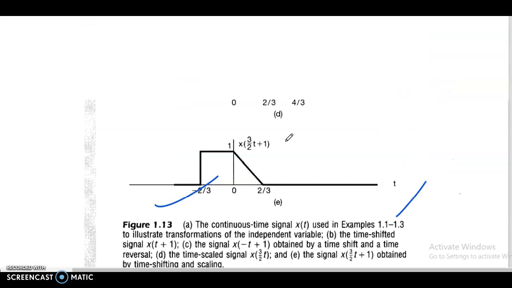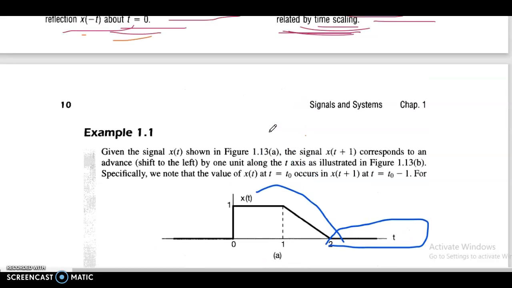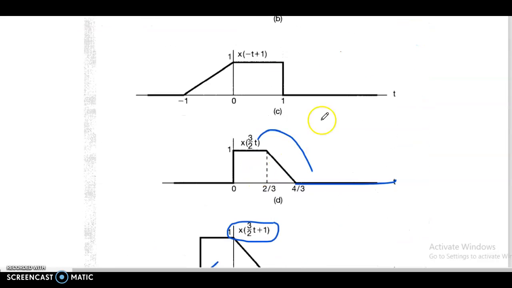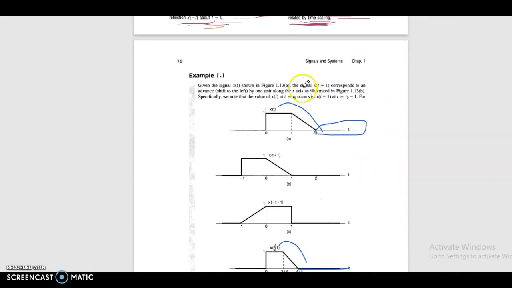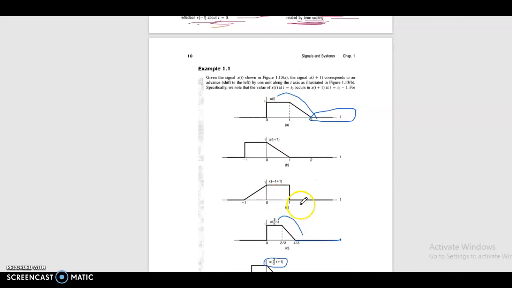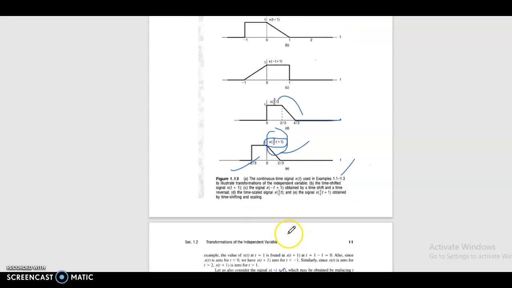Here x of t, here x of 3 by 2 t plus 1. This is an advance happening.